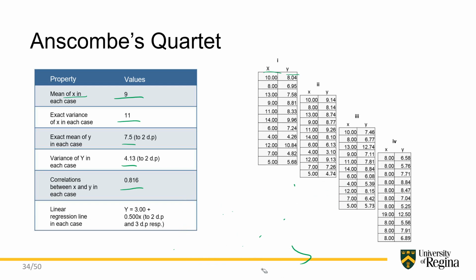So it seems like these four data sets are statistically quite similar. So if we end our investigation here, we may come to the conclusion that, well, they're indeed similar.